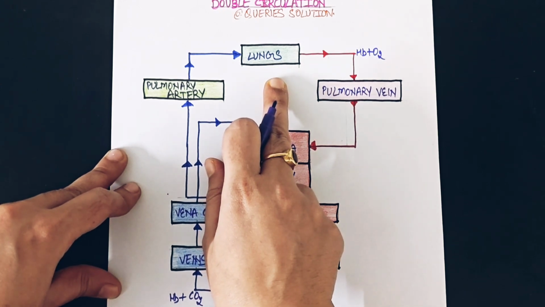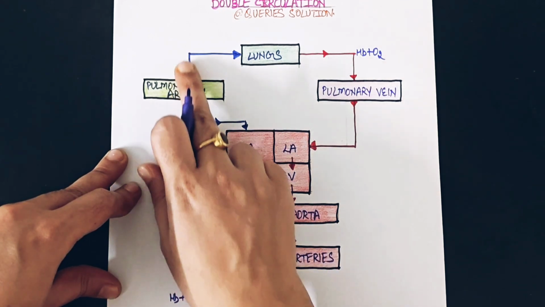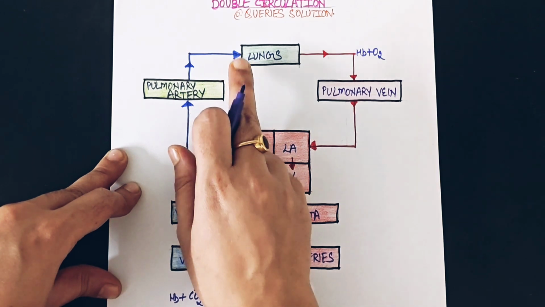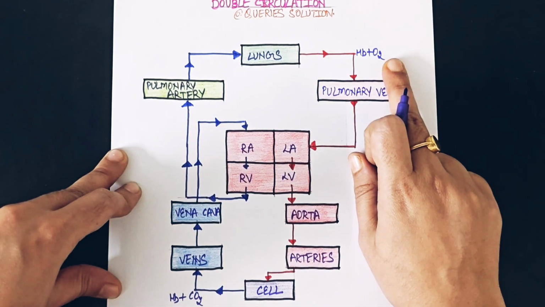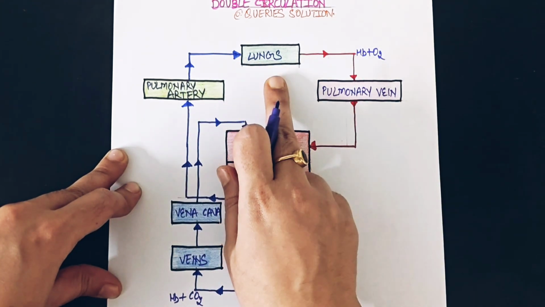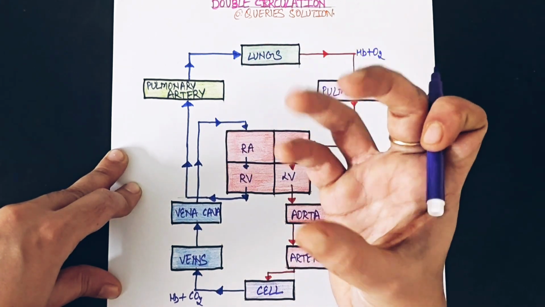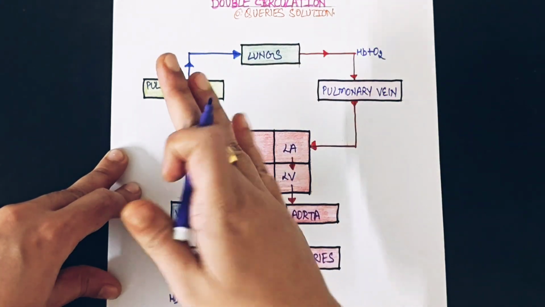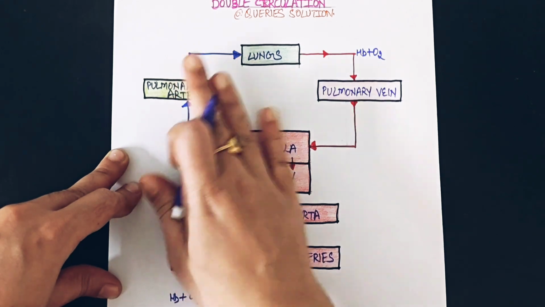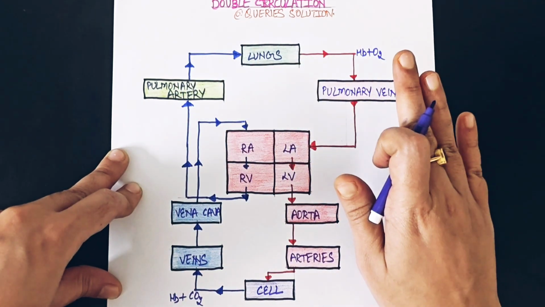Why is it sending it back to the lung again? So that the deoxygenated blood can become oxygenated once again, because as the blood goes to the lungs, it will again get a rich supply of oxygen. The hemoglobin will combine with oxygen.